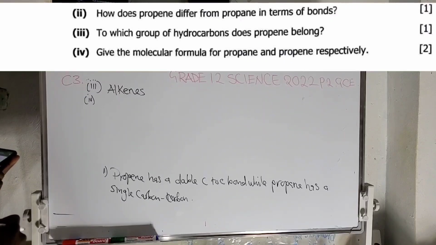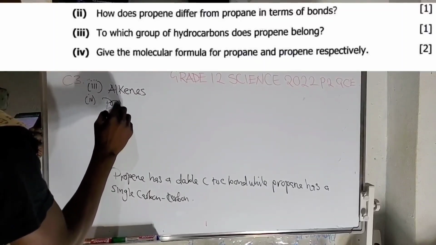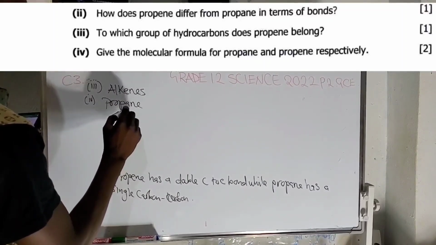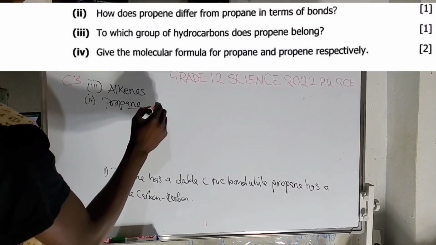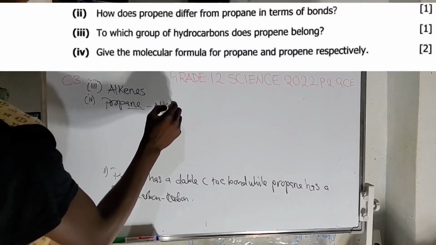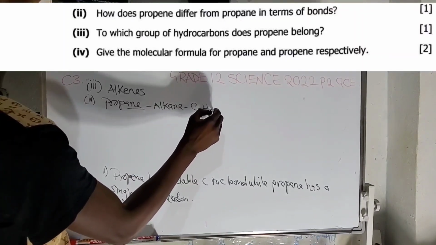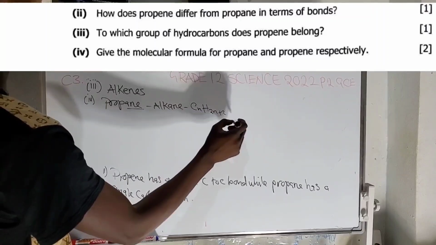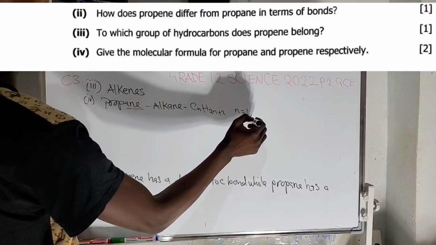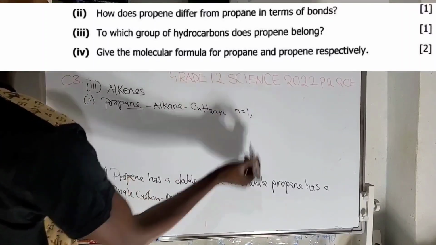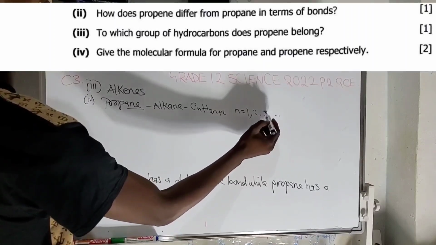So, molecular formula for propane, since it ends with ANE, these are alkanes, and the general formula is CnH2n plus 2, where n starts from 1, the number of carbon atoms, 1, 2, 3, going up.